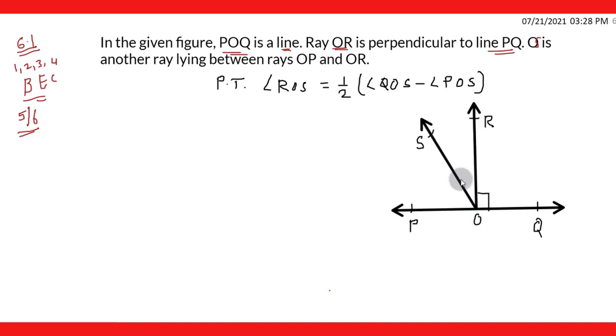This ray OS is lying between OP and OR, and we have to prove that angle ROS is half of angle QOS minus POS.